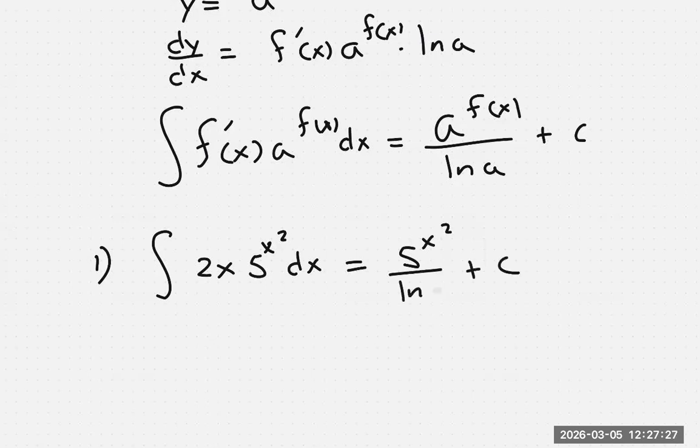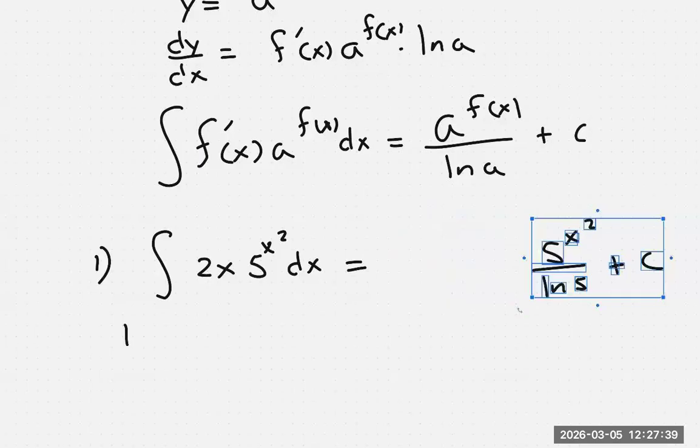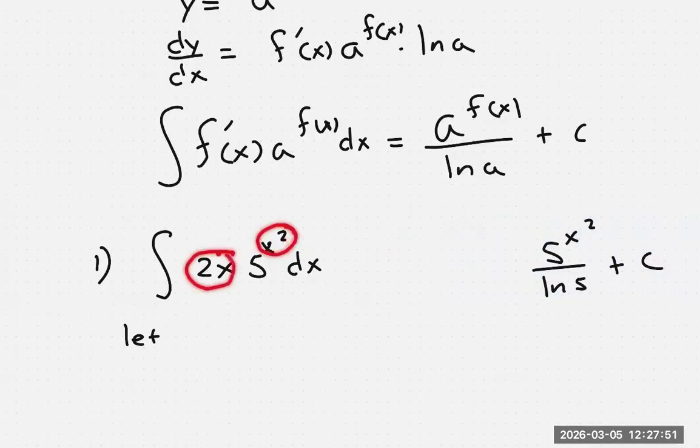Now, if you don't see that right away, whenever you see these types of questions and you don't get the answer right away by looking at it, then the long way always works. Make sure you cancel what differentiates to give what. Obviously, this differentiates to give this. So you say, let u be equal to that thing that differentiates to give the next one, which is therefore du, because sometimes the 2 is not there, so you might have to do it the long way.